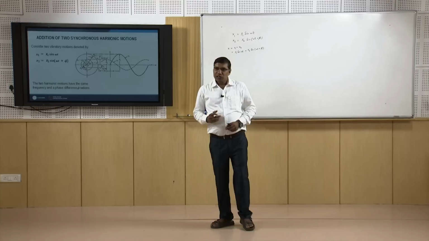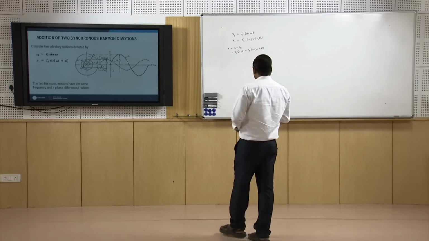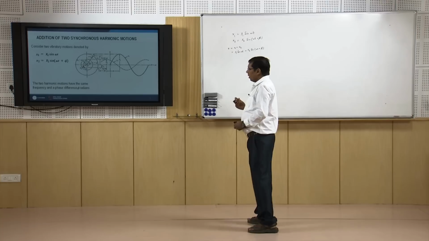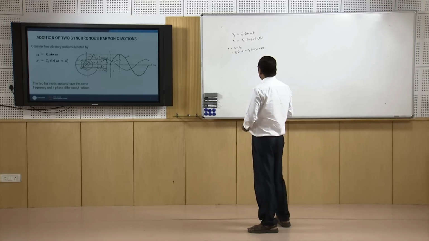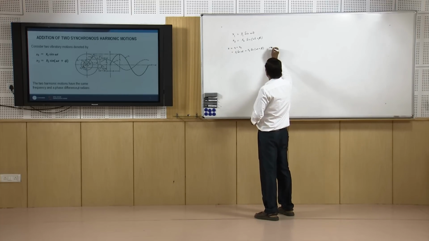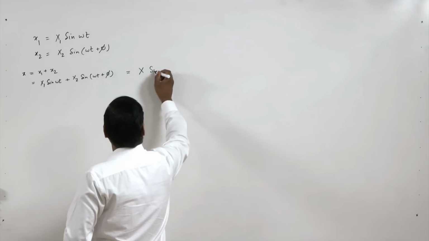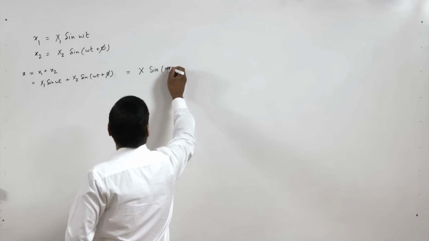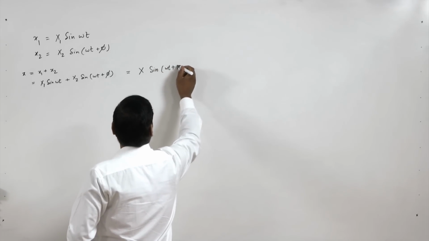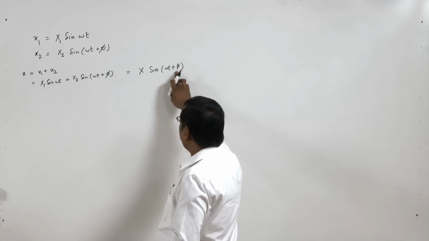Now, these two motions have the same frequency, therefore the resultant motion will also have the same frequency, so let us assume that the resultant motion is also harmonic. So, it is X sin(omega t plus beta), with some different phase angle beta.